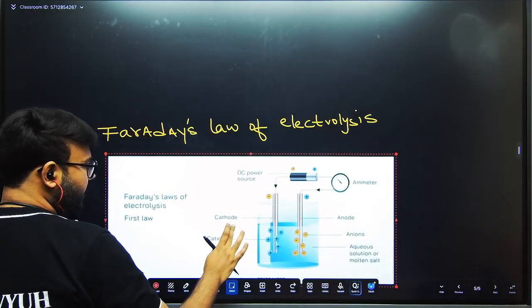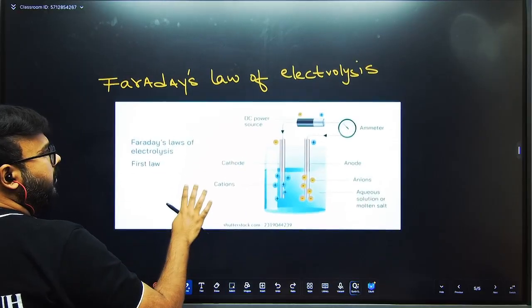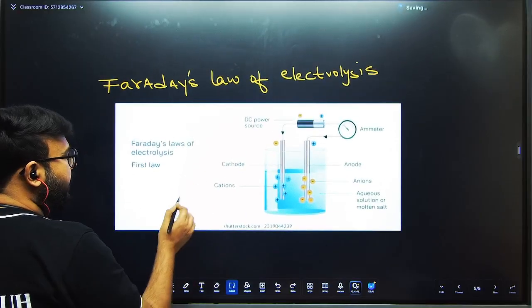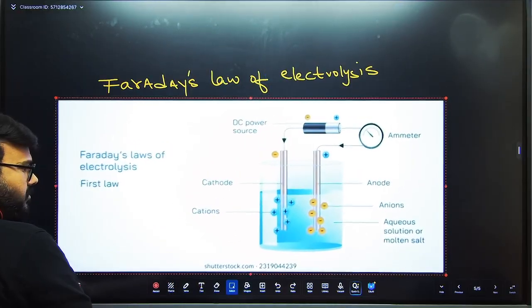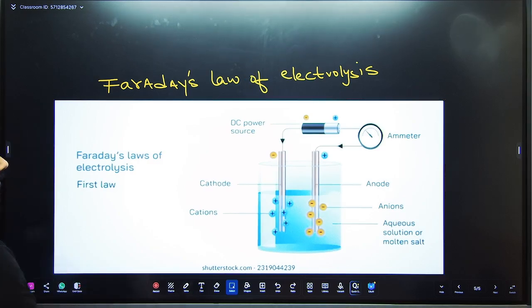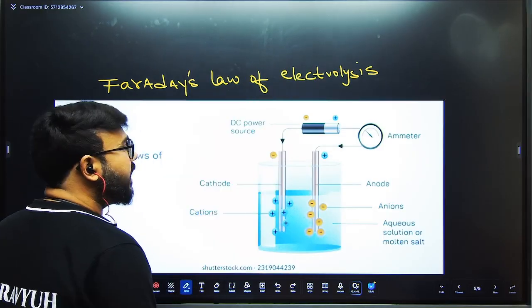Online, please tell me if you are able to see this diagram properly or not, or you need a bigger one. Is this much fine? Everyone confirm? So guys, please look at this.